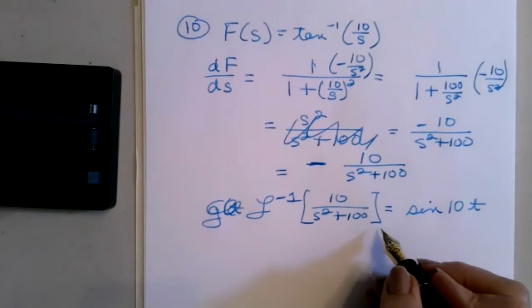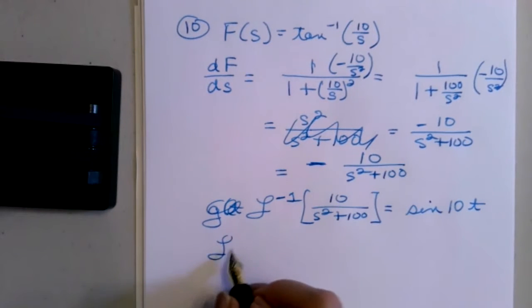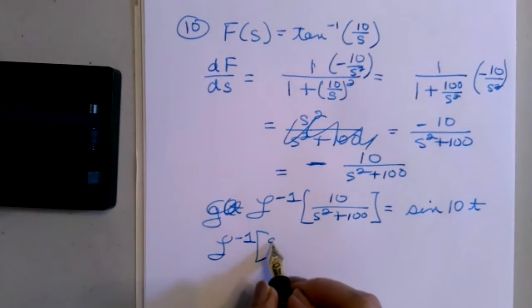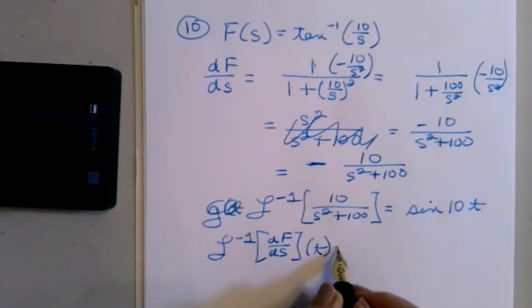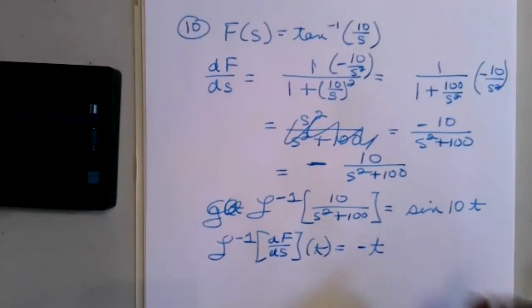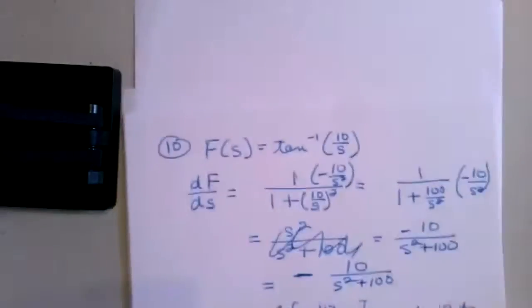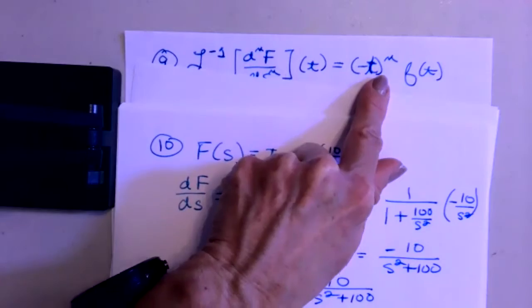So now you need to know which function, and remember that the inverse Laplace transform of the first derivative will be minus t to the first times f of t.